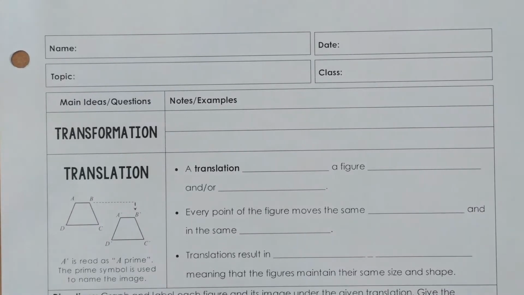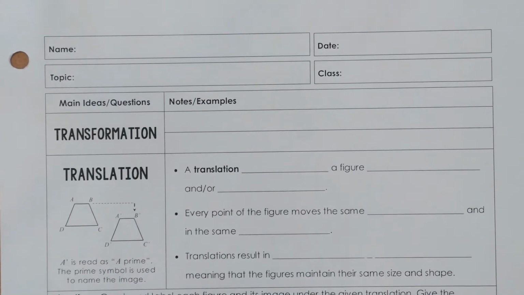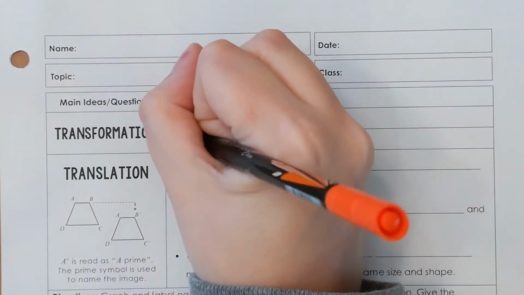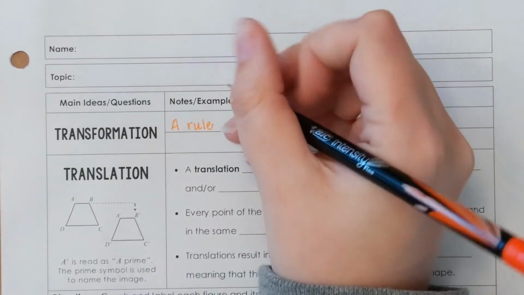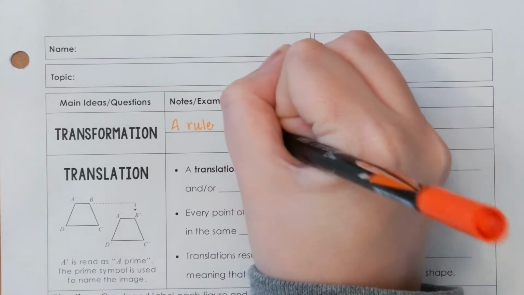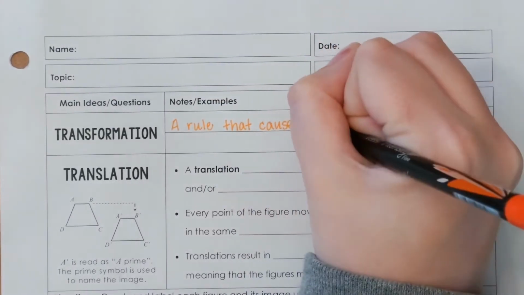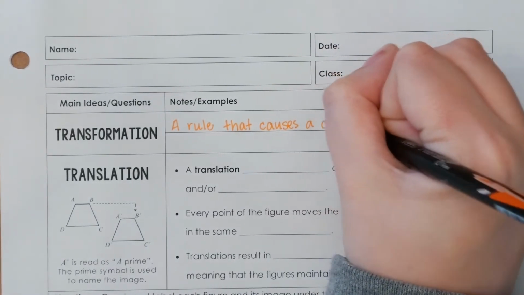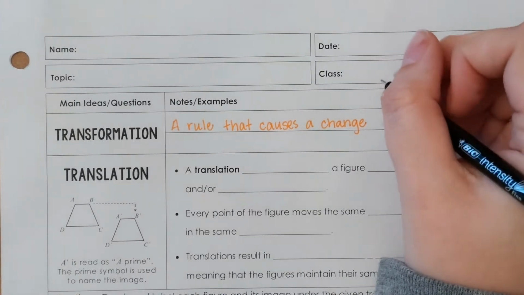Today we're going to talk about transformations and then in particular translations. So a transformation is a rule that causes a change to a figure.